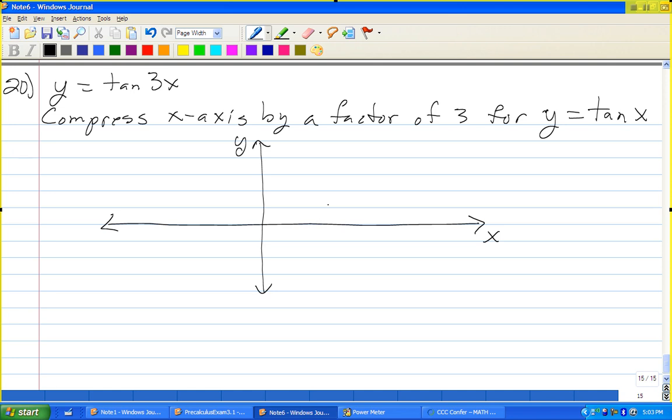So let's just do pi over 2, minus pi over 2, 3 pi over 2, minus 3 pi over 2. Okay, so tangent should look something like this.